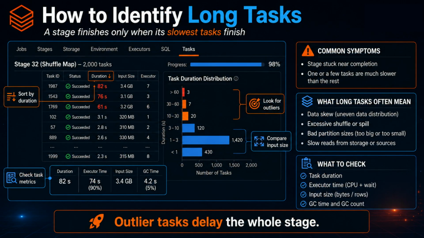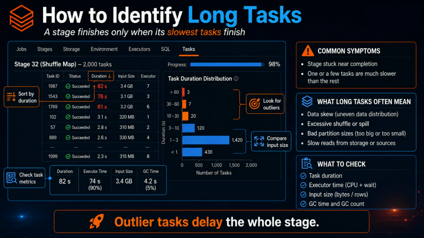Sometimes a stage looks slow because only a few tasks are taking much longer than the rest. That is why the tasks view is so valuable. A stage finishes only when its slowest tasks finish, so even a small number of outlier tasks can delay the whole stage. To investigate, sort tasks by duration. Then compare the slowest tasks with normal ones. Look at task duration, executor time, input size, and garbage collection time.